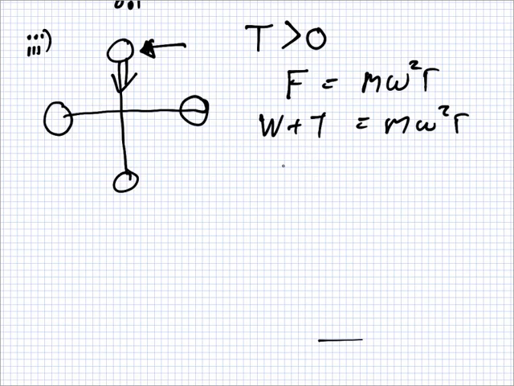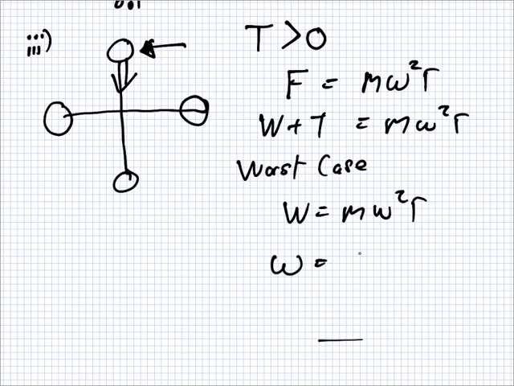It's 0. So worst case, the weight will equal m omega squared r, and omega will be the square root of w over m r. So you want your omega to be greater than this.